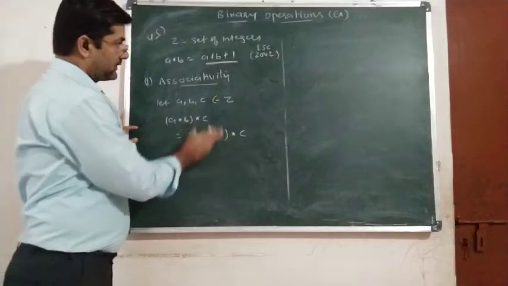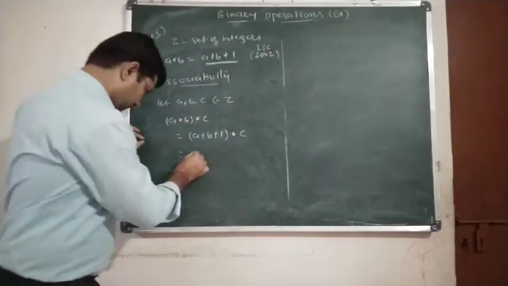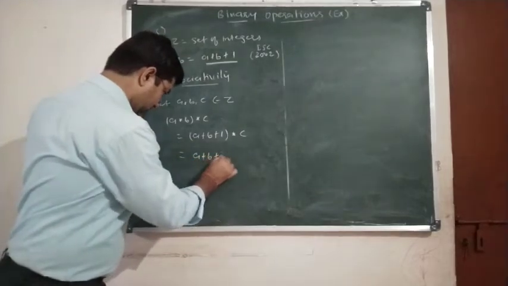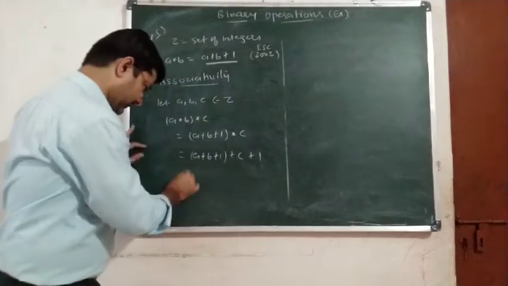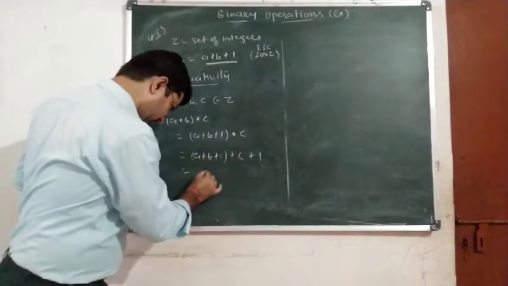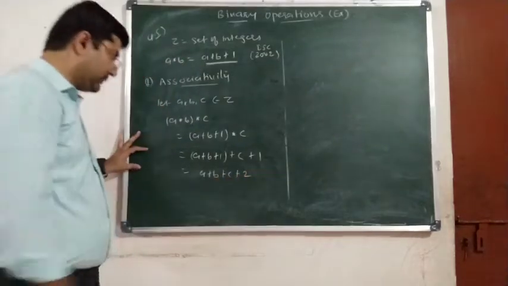For A we will put this bracket and for B we will put C. So this will become A plus B plus 1 plus C plus 1. Now when you simplify, you will get A plus B plus C plus 2.